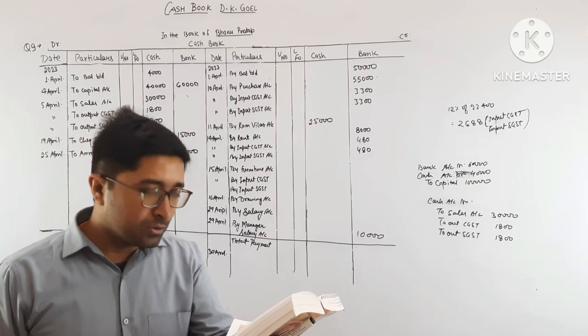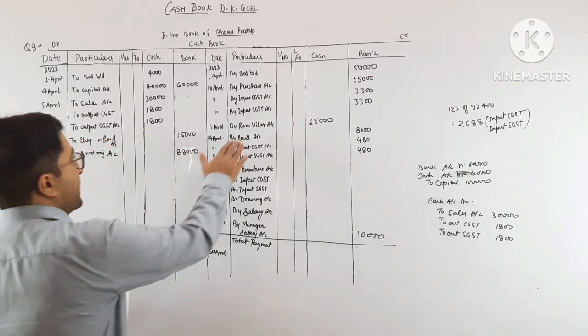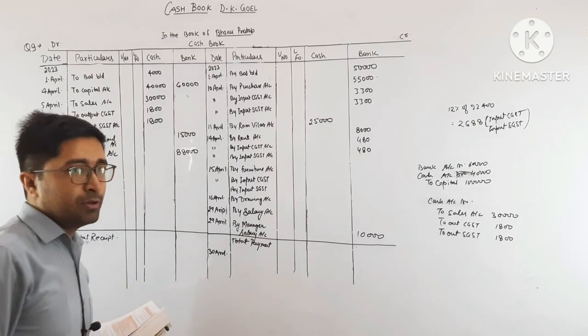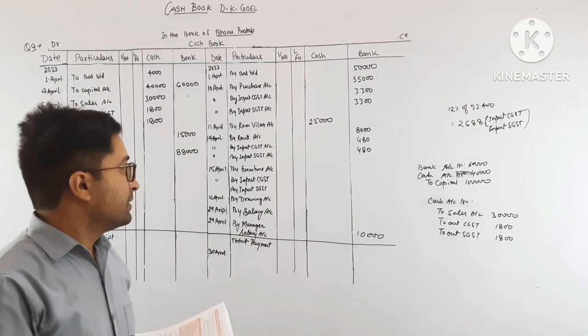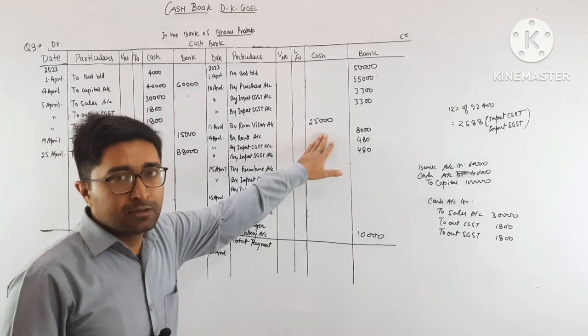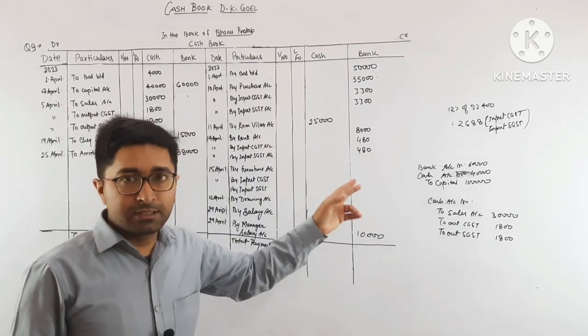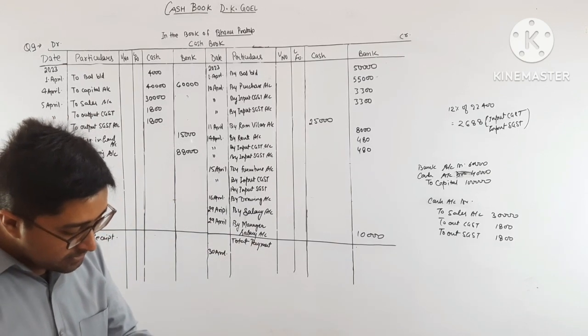And we pay only 25,000 to him. So entry will be by Ram Vilas account 25,000 to cash, because we write down the exact amount that we pay to the creditor or receive from our debtor, not the discount allowed or discount received. Clear.